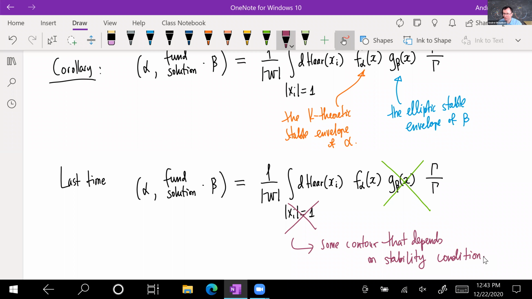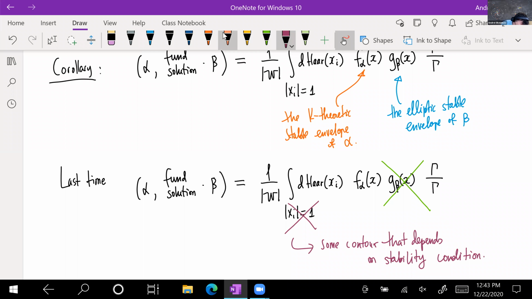Okay. So maybe first a philosophical remark. So in the q-difference situation, to have an elliptic function in the q-difference integral, this is like a choice of contour of integration, because this is a constant.